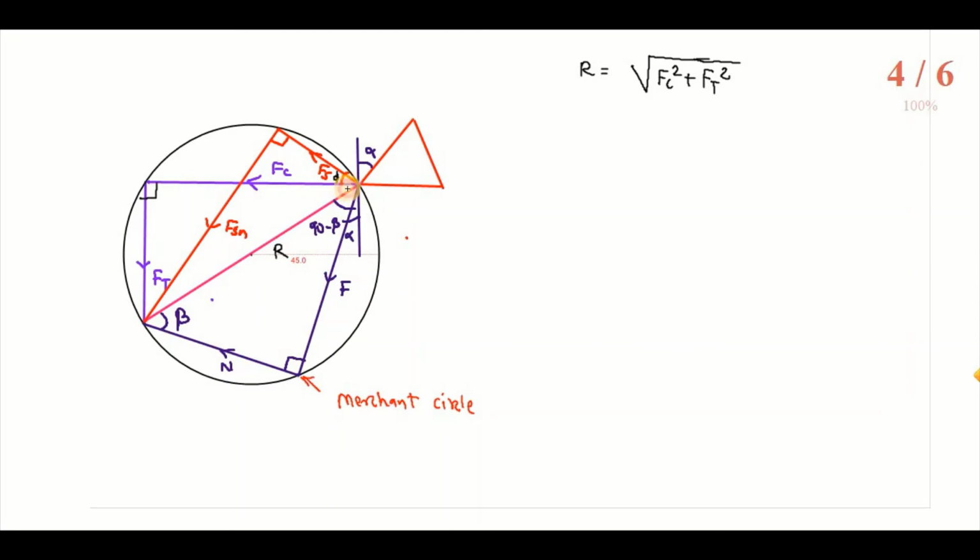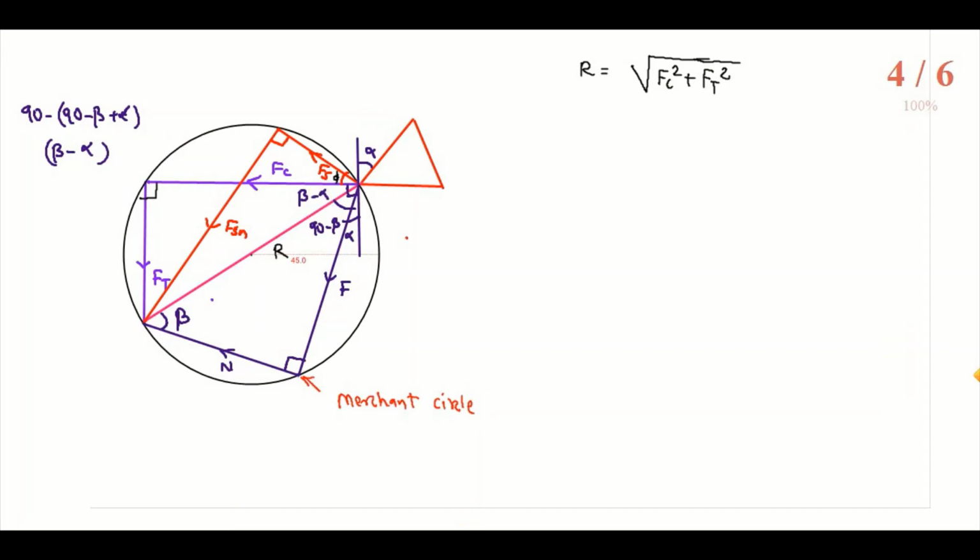And here we have drawn the normal, so this whole angle is 90, and if we subtract 90 minus beta and alpha, we are getting the angle as beta minus alpha. So we got all these angles.